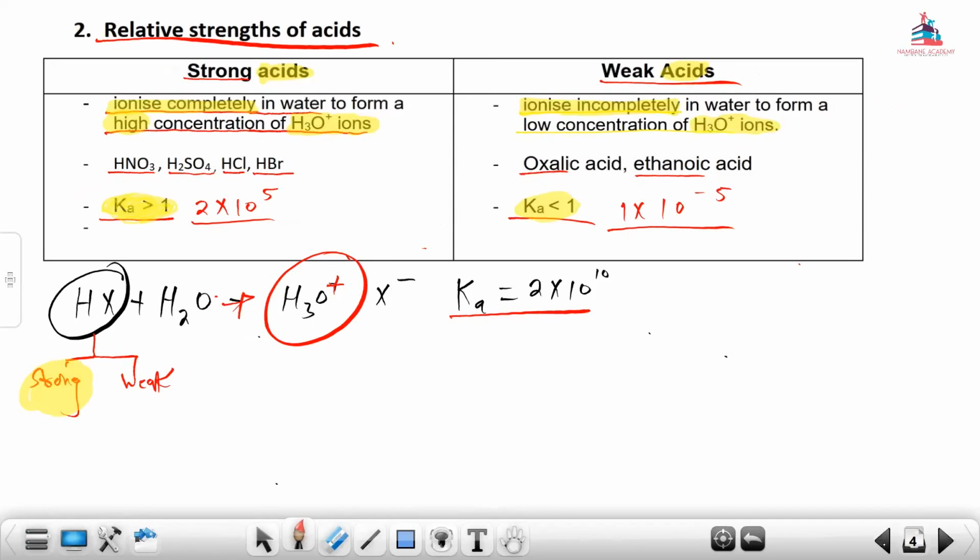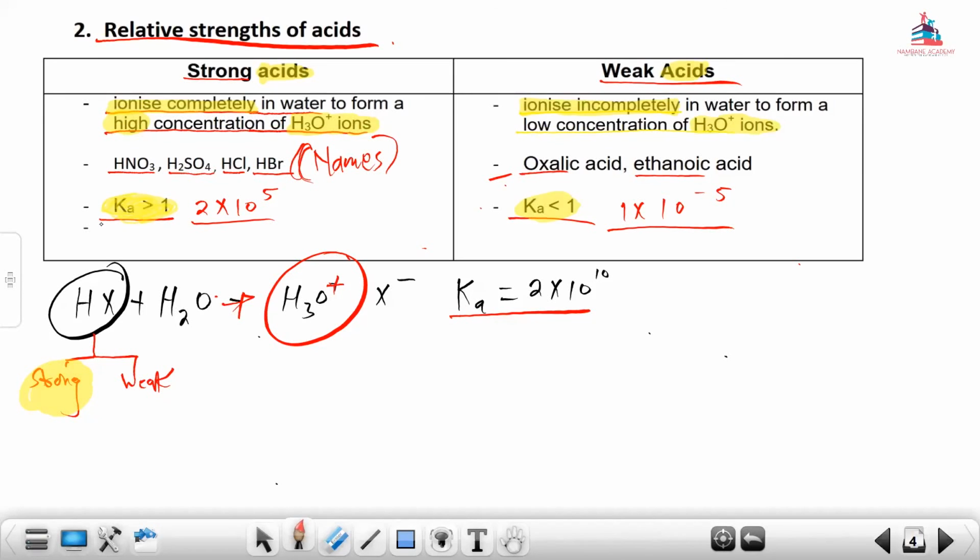If they tell me that I am working with a strong acid, it is going to ionize completely in water to form a higher concentration of H3O plus. That is the first thing. If they give me the names, I can also be in a position of identifying which ones are strong. So I must know which ones are strong.